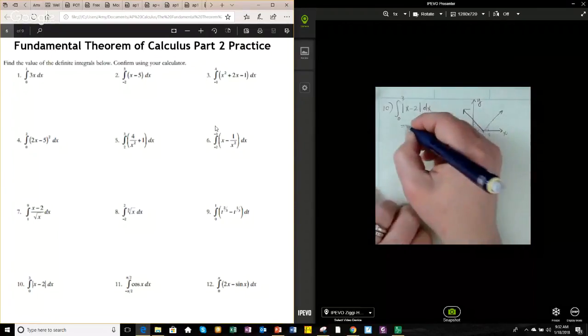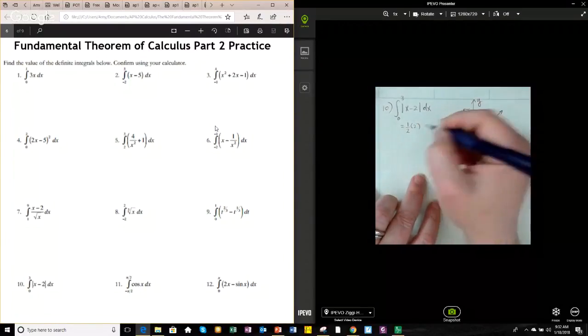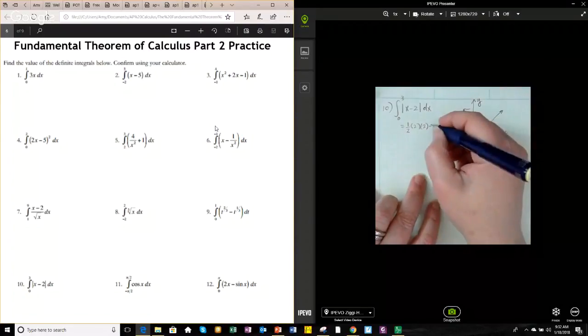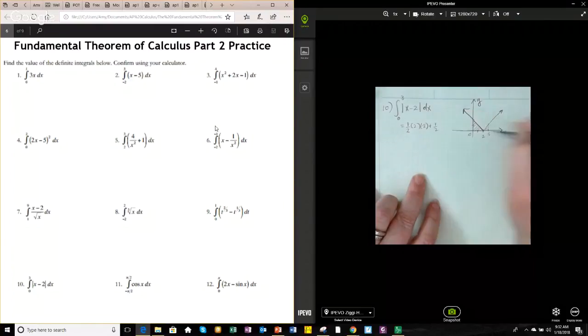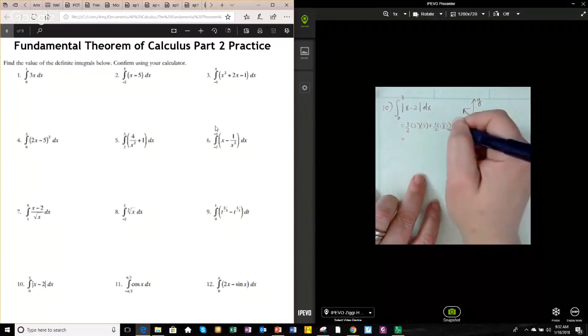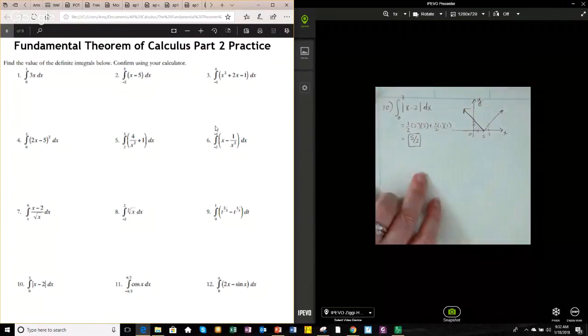So this is going to equal 1/2 the base here, which is 2, times the height, which, believe it or not, is 2, plus 1/2 the base here is 1, times the height here, when I plug 3 in, is 1. So that's going to be 4/2 plus 1/2, which is 5/2.